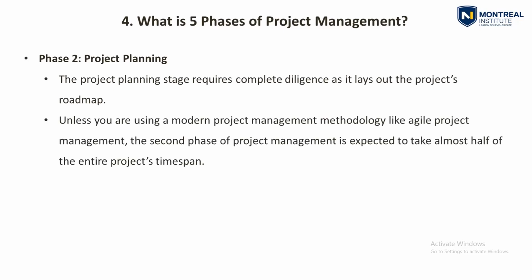It's impossible. Unless you are using a modern project management methodology like agile project management, the second phase of project management is expected to take almost half of the entire project's time span.